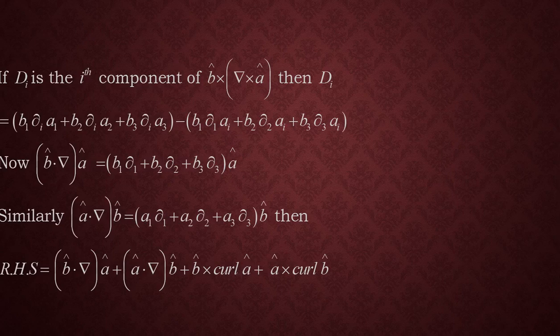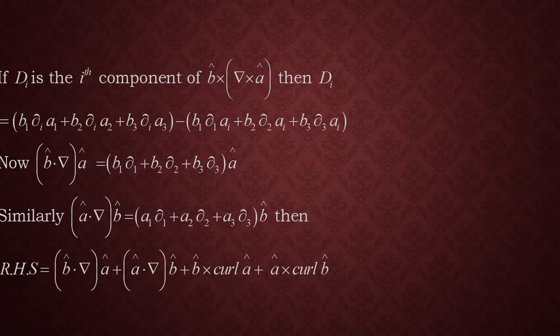Next, we have to take up the third term on the RHS of the given vector identity. So let us find out the third term. That is b dot del times a. The b dot del is nothing but b1 ∂_1 plus b2 ∂_2 plus b3 ∂_3.